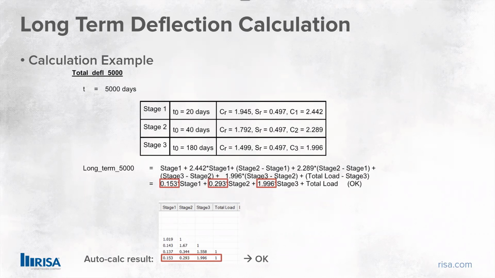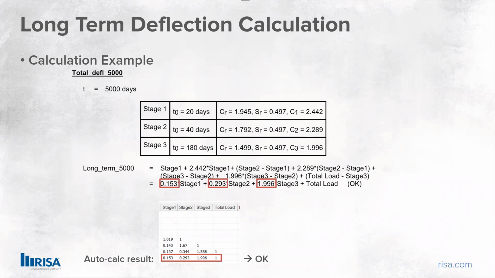If we wanted to calculate the long-term deflection at 5,000 days, it would be equal to the deflection at stage 1, which is my immediate deflection due to sustained load, times my C factor, which is 2.442, and then times my immediate deflection again, which is the stage 1 deflection. So stage 1 plus 2.442 times stage 1 will be my total long-term deflection at stage 1.